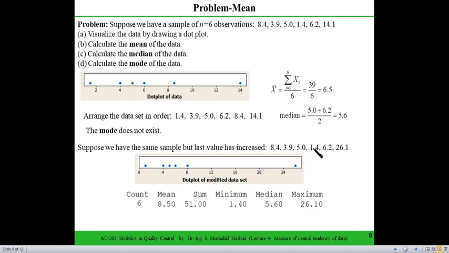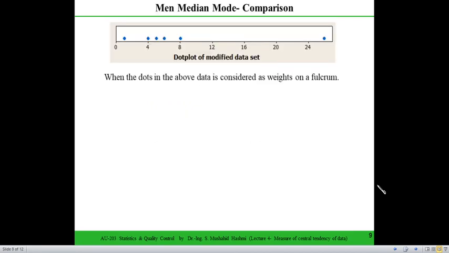Because the middle value is not affected by the extreme value, this is an advantage of calculating the median.